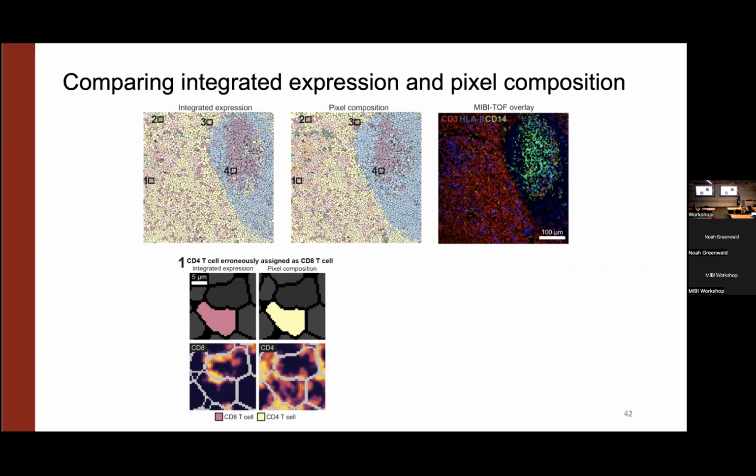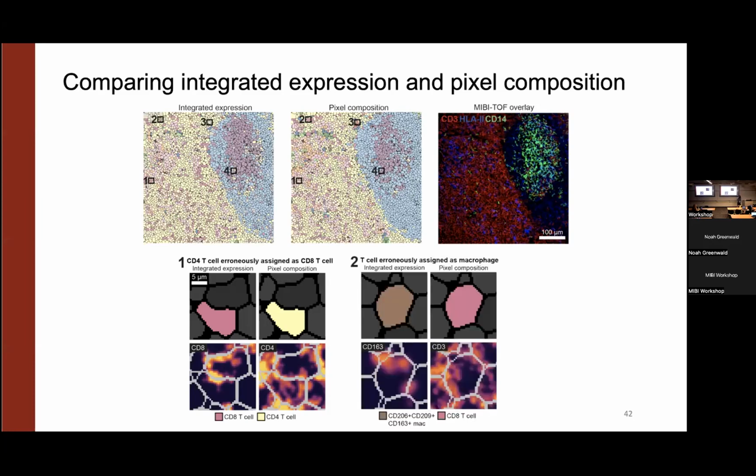It doesn't look like there's CD8 signal around the cell. But if we look at the CD4 signal, it does look like the cell is positive for CD4, and using pixel composition, it was assigned as a CD4 T cell. So this is an example where we think pixel composition was able to help with this problem of overlapping signal. In this next example, using integrated expression, this cell was assigned as a 163 positive macrophage.